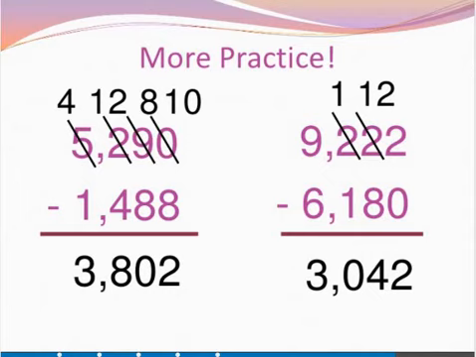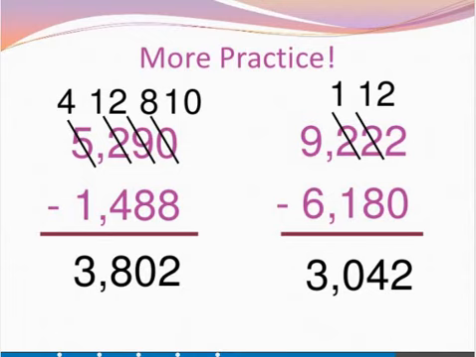Now when we go on to subtract, we should subtract 1 from the new number, which is 1, because the 2 is not existing anymore. So we will subtract 1 from 1, so it will be 0. Then we will say 9 minus 6, since 9 is more than 6, so subtraction here is easy. 9 minus 6 equals 3. So the answer, or the difference of these two numbers, will be 3,042.